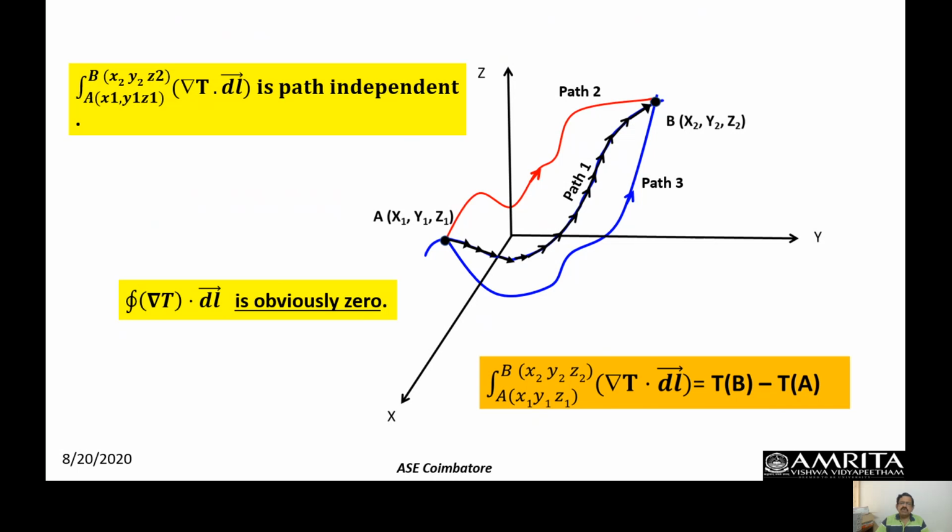What is the contextual sense to electrostatics is very important. In electrostatics, we are going to deal with a scalar function, namely the electric potential, and we are also going to deal with a vector function E, which is the electric field, whose value will be different at different points, pointing in different directions.